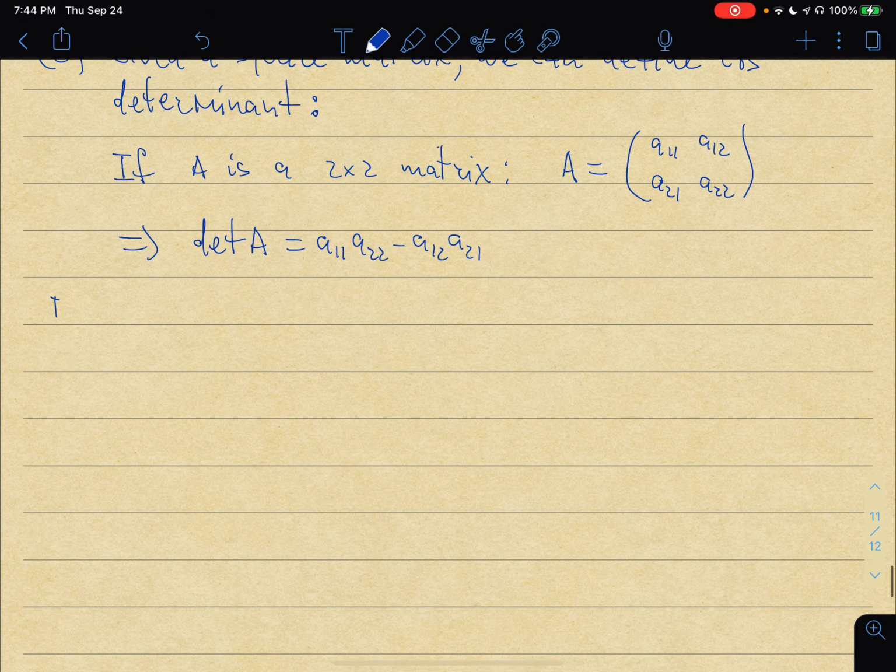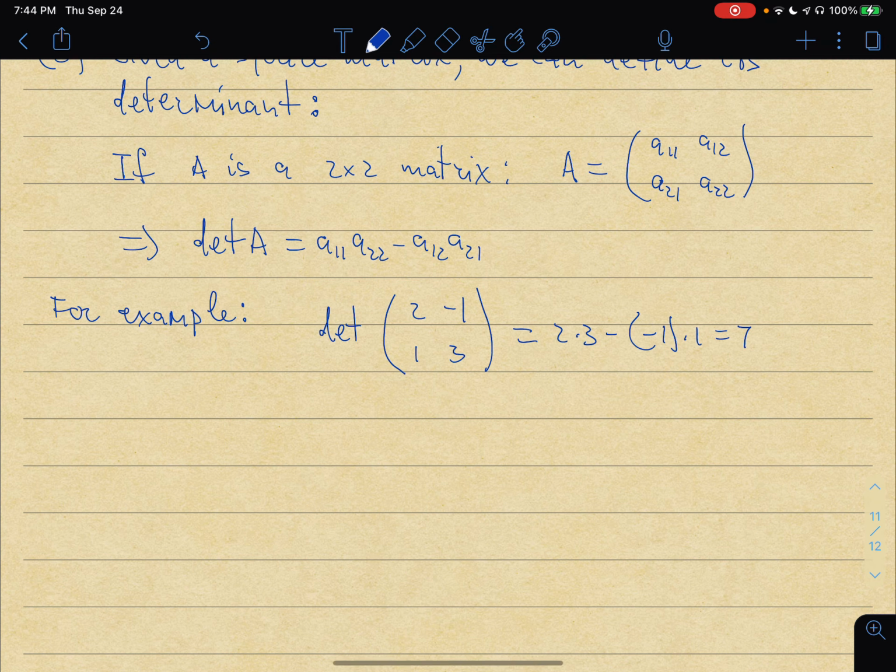So for example, if I want to find the determinant of 2, minus 1, 1, 3, then that is going to be 2 times 3 minus 1 times 1. So the determinant is 7.